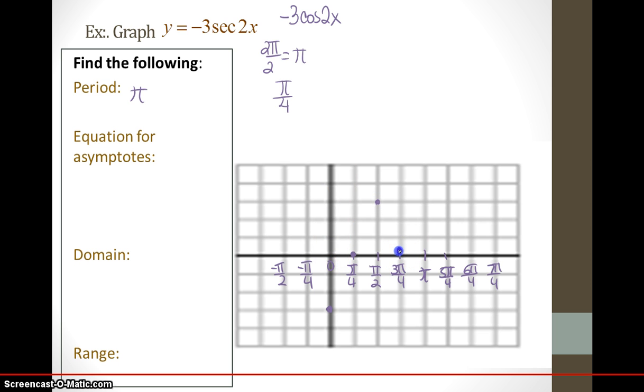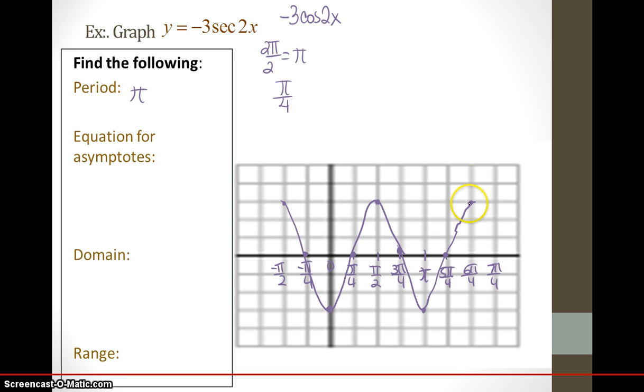At 3 pi over 4, it's going to be 0. And then at pi, it's going to be -3 again. If we want, we could just continue graphing a few more just to get the shape of the cosine function and see the secant a little bit better. And I believe this one should be up here.